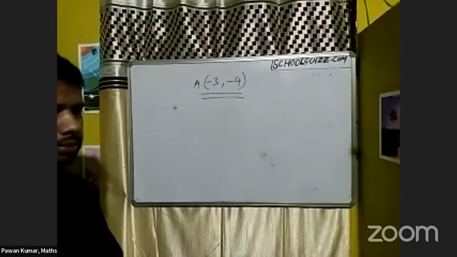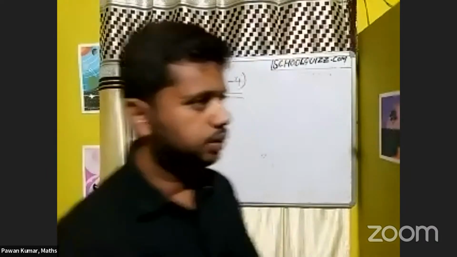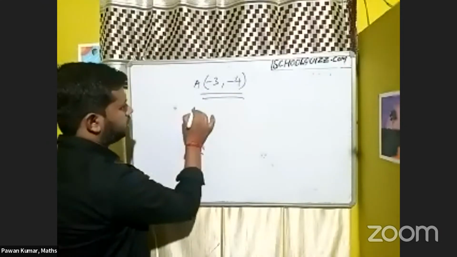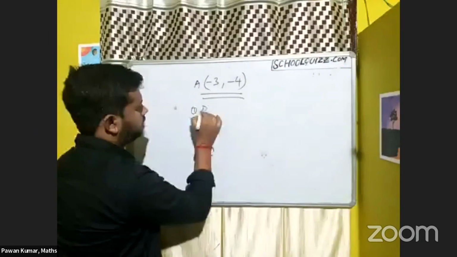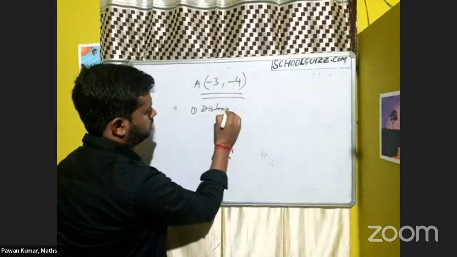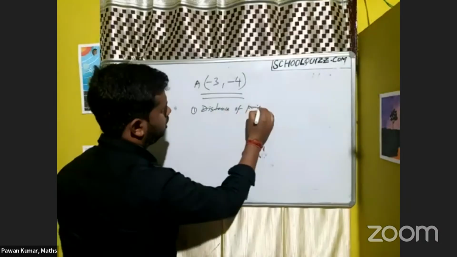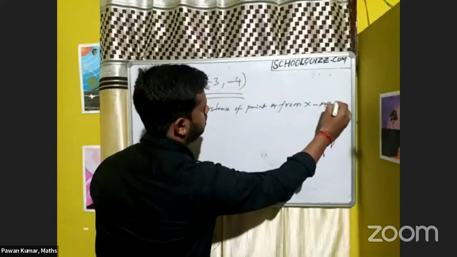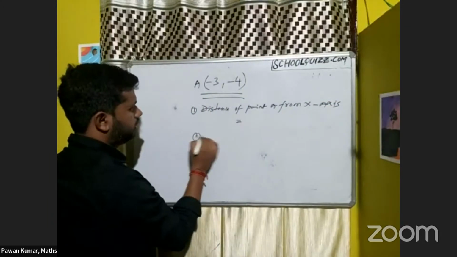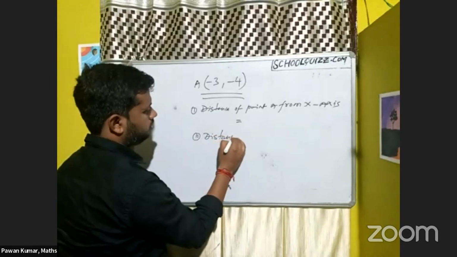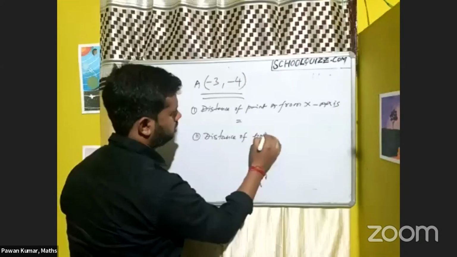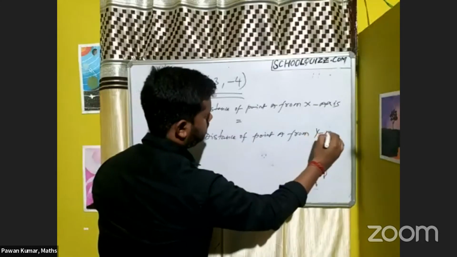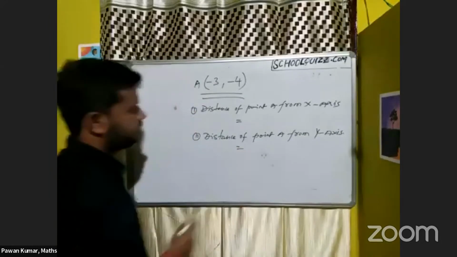How can we represent it mathematically? The first question I'm asking is: what is the distance of point A from the x-axis, and the distance of point A from the y-axis?